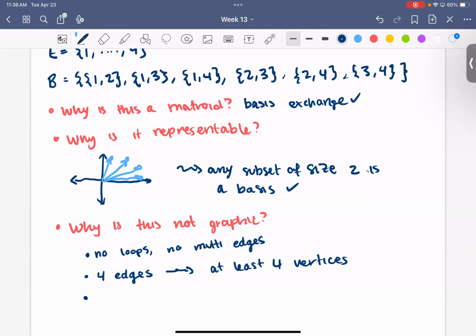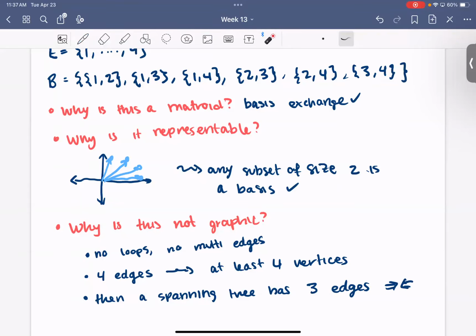But then a spanning tree would have 3 edges, which is a contradiction to the fact that we wanted, for example, {1, 2} to be a spanning tree. I think there are multiple ways to argue it, so if someone came up with something different, that's probably also good.